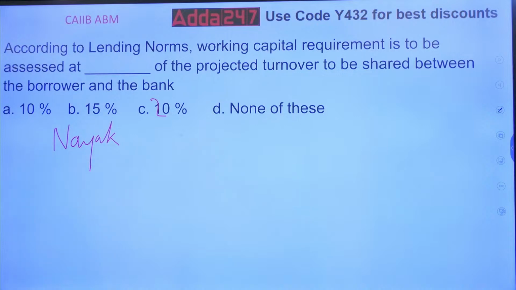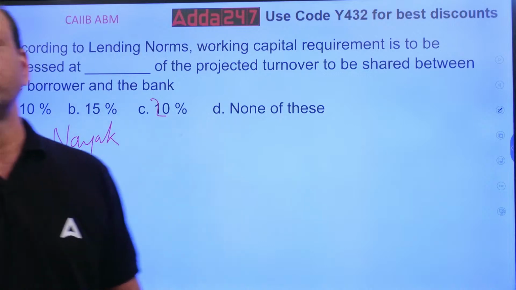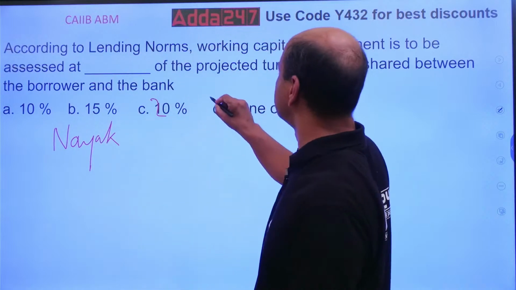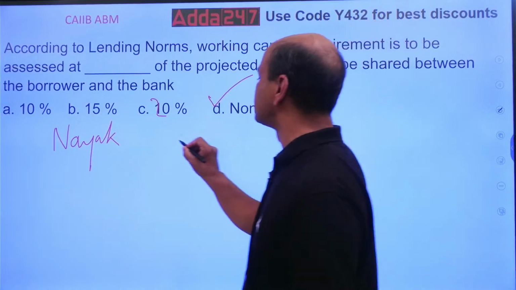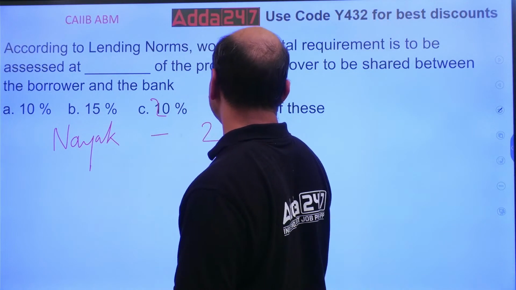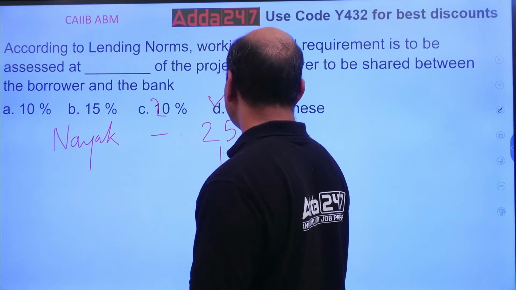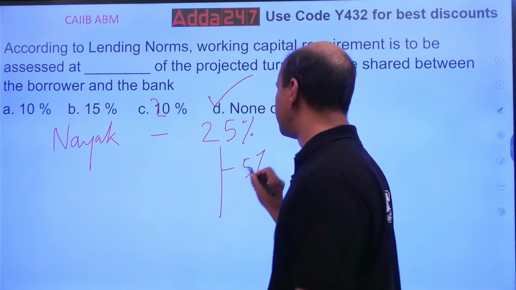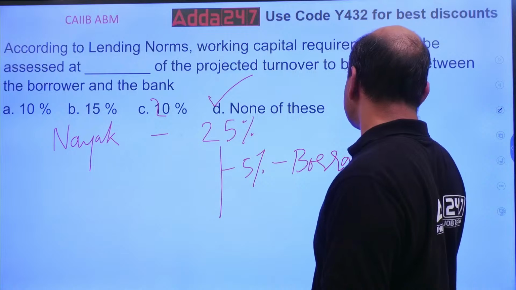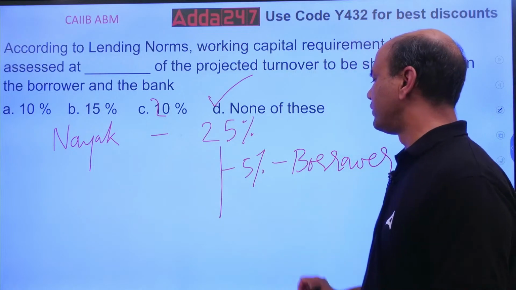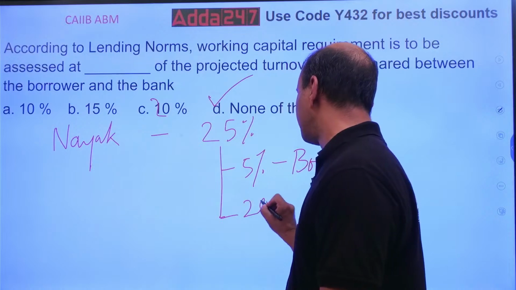What does this committee say? The answer is none of these. Okay, none of these. Why? Actually, as per the Nayak committee, it is 25%. 5% is to be shared with the borrower, means the borrower has to bring the margin. And 20% is to be shared by the bank.